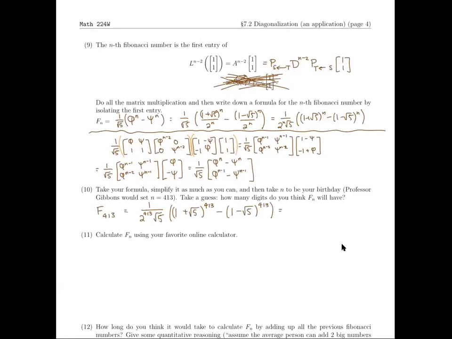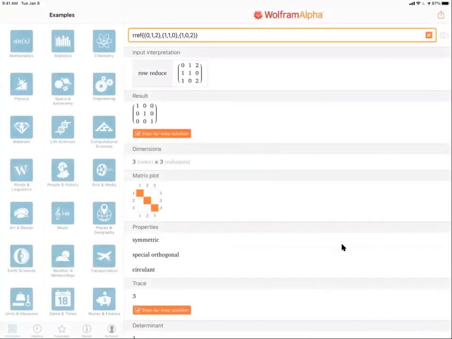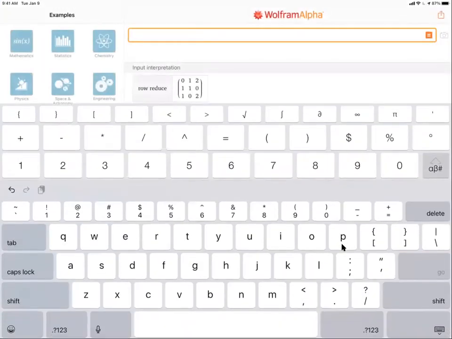And let's work this out. I think I can remember this formula, so let me switch here. Let's pull up Wolfram Alpha and see what we get. You can see I was doing some matrix stuff to make sure that some things on our last exam row reduced nicely.